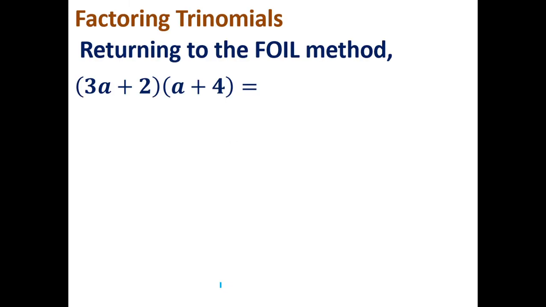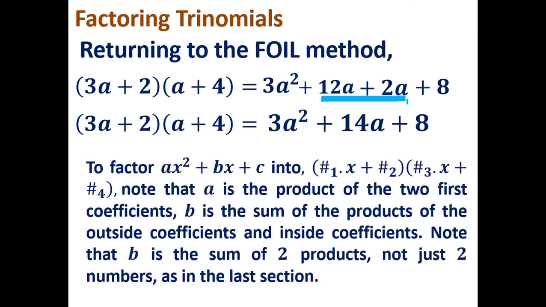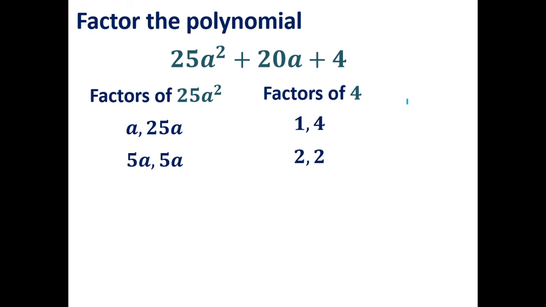So, returning to the FOIL method, the first, outer, inner, and last. So, we have, ayan. So, nakita natin to. Ito ang mag-a-add lang kasi 14a. Ito naman, factor sa 25. Okay. Kaya i-check natin, ano? Kasi kailangan factors ng 25, which is factor din ng 4.